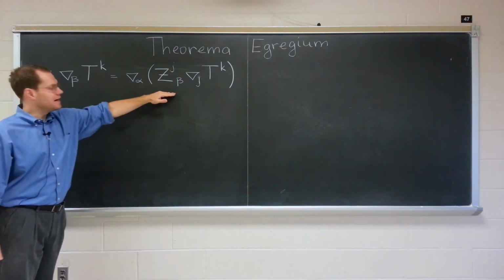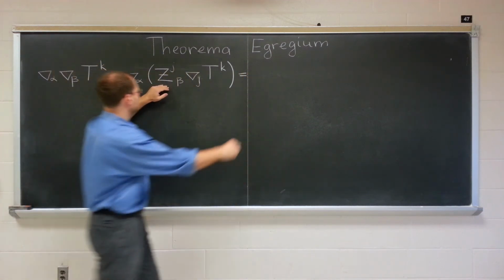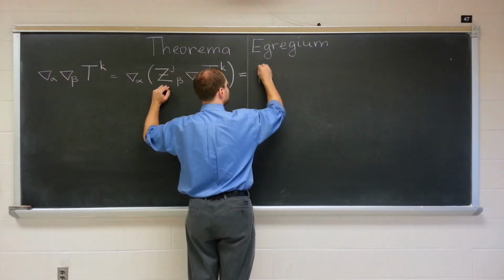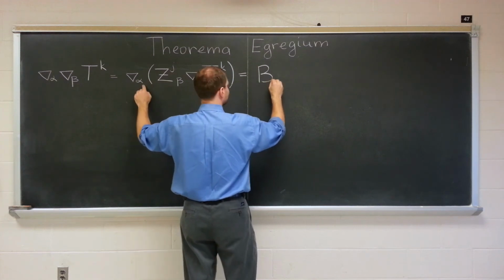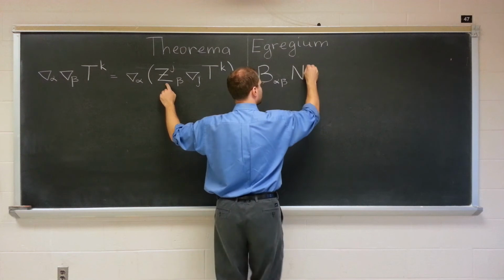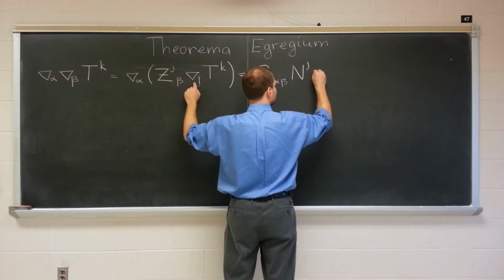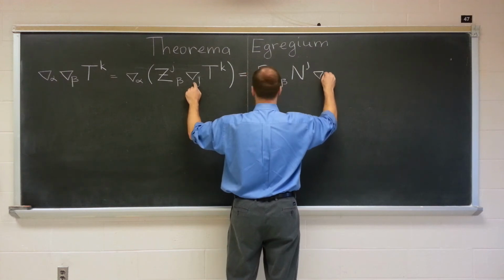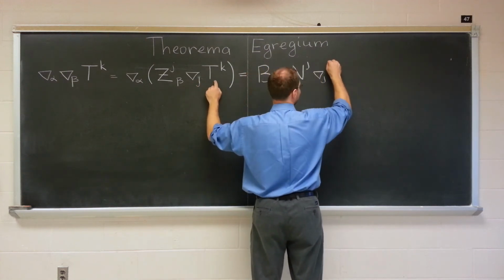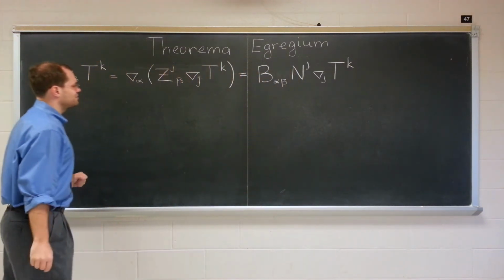And now, by the product rule, what we have in this term is, of course, b alpha beta and j, and j grad j t grad again. I'm calling it grad, but maybe I have enough time to say covariant derivative sub j.